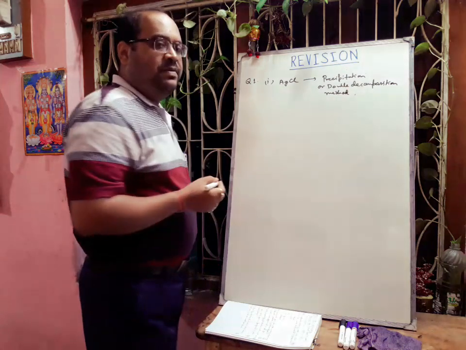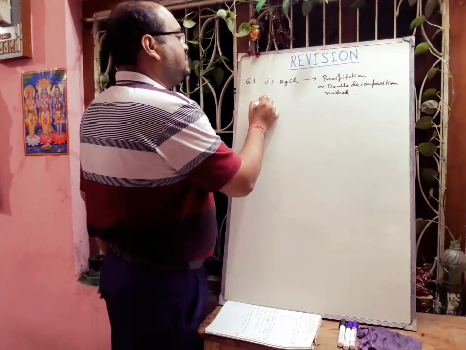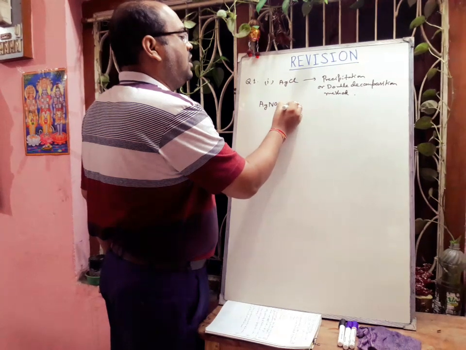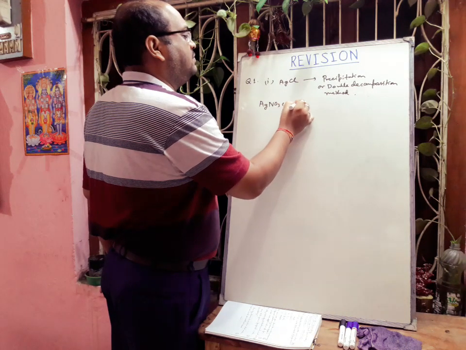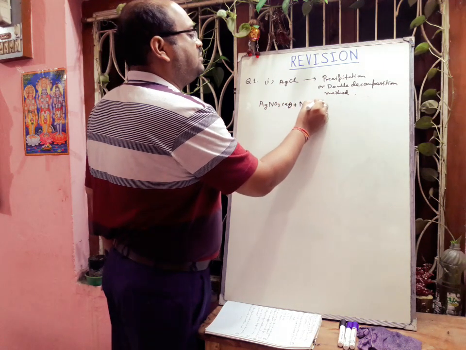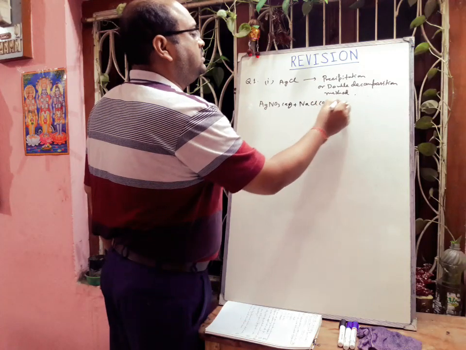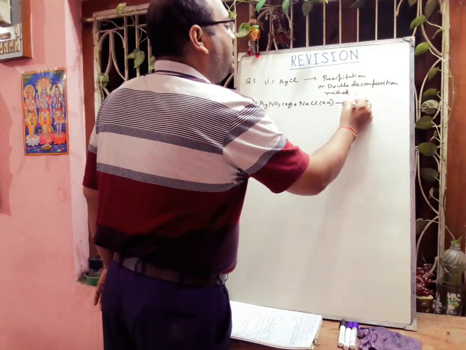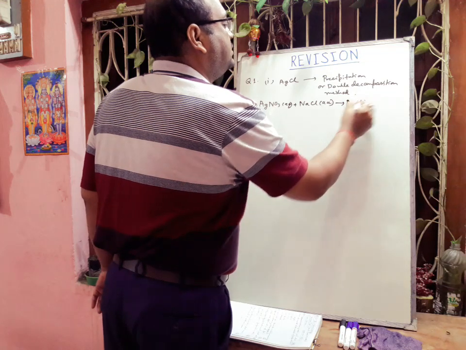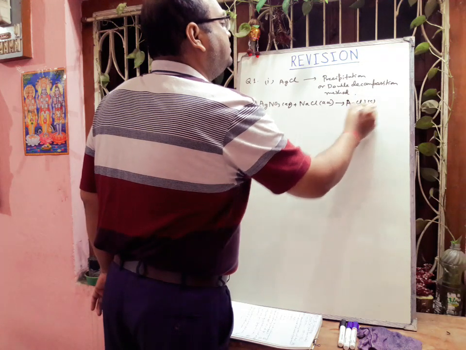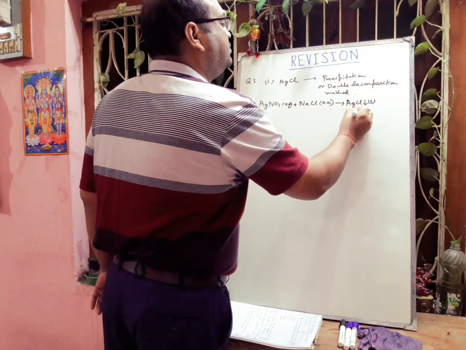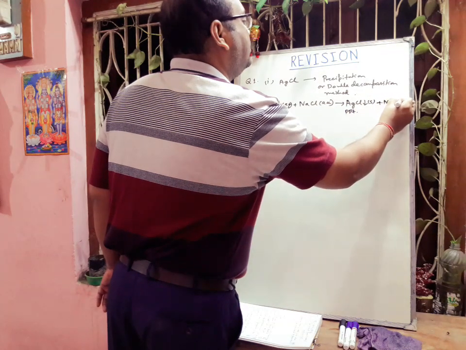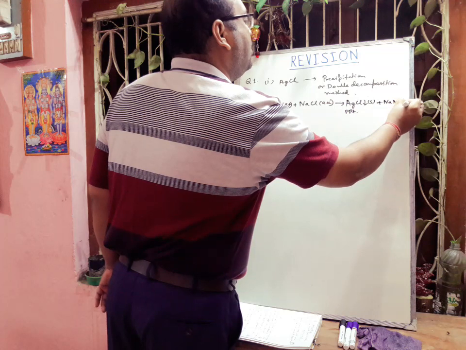And how can we prepare it? We have to take silver nitrate aqueous solution. If we add sodium chloride aqueous solution, then we will get the white PPT of silver chloride, that is insoluble, plus NaNO3 in aqueous solution.